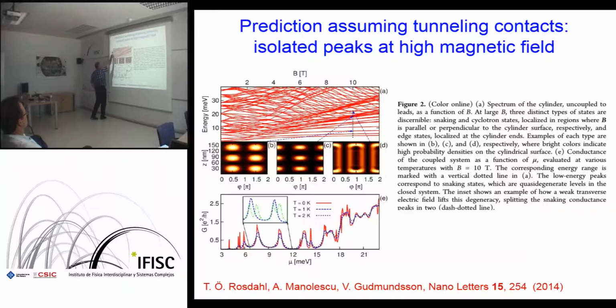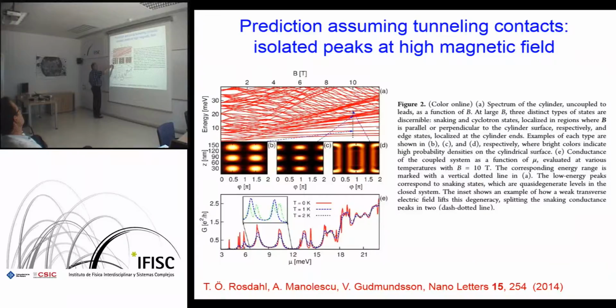This is the energy spectrum corresponding to a nanowire, I think 30 nanometers in diameter and about 100, 150 in length. And then at large magnetic fields, you see the snaking states, whereas the cyclotron states tend to grow linearly with the magnetic field.